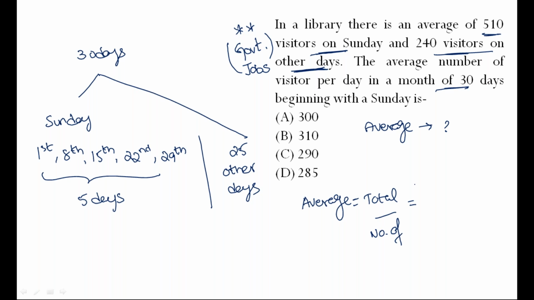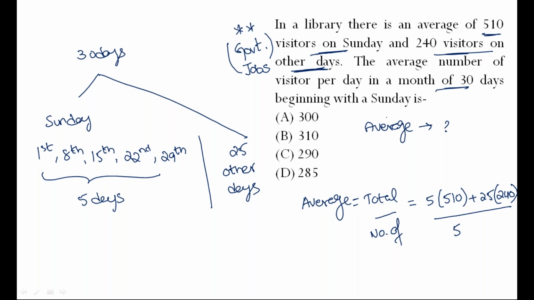What is the total? We have 5 Sundays, and on Sunday you have 510 visitors. For the 25 other days, each day we have 240 visitors.